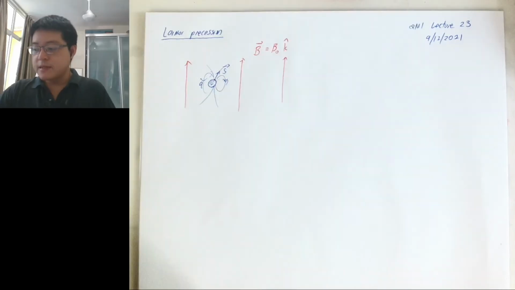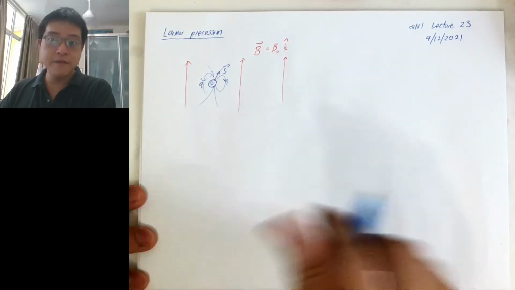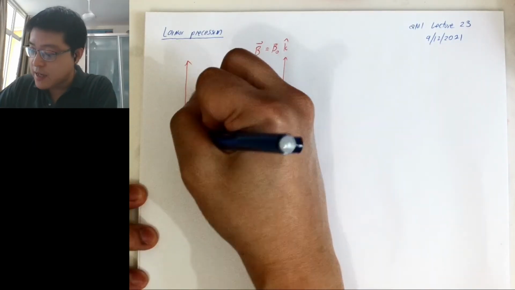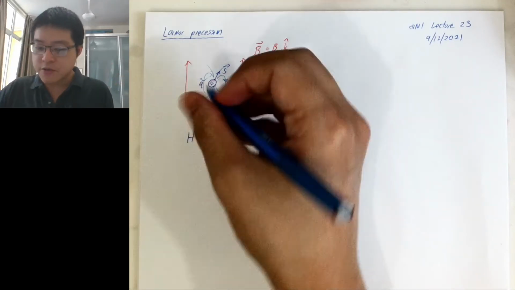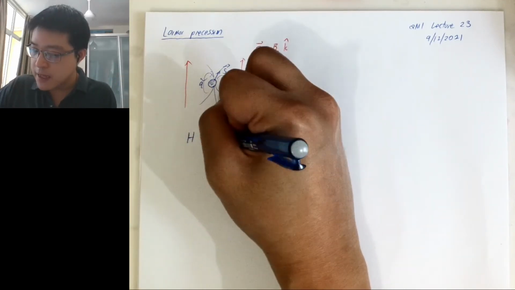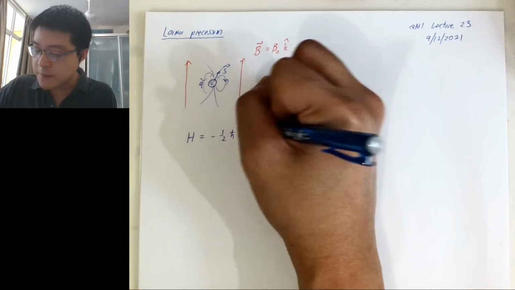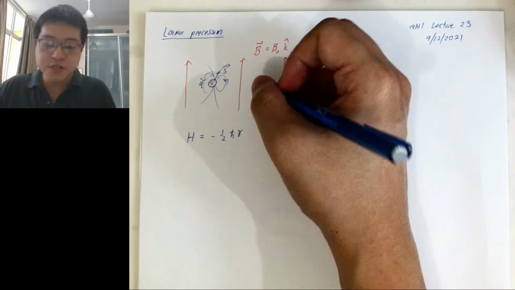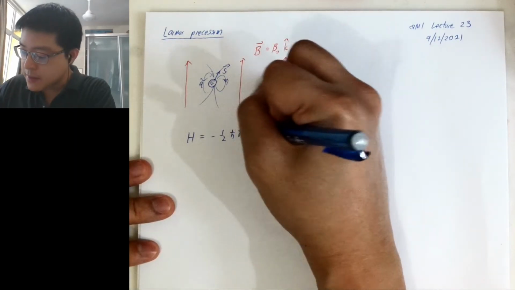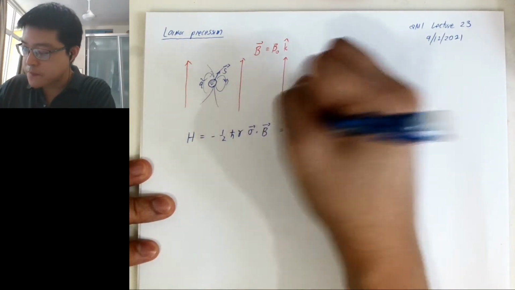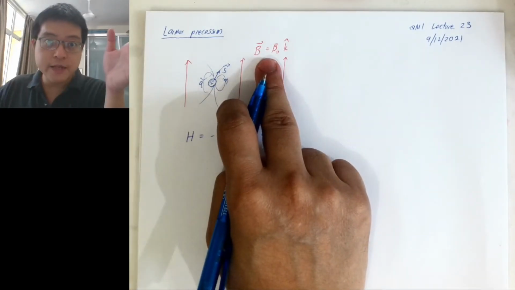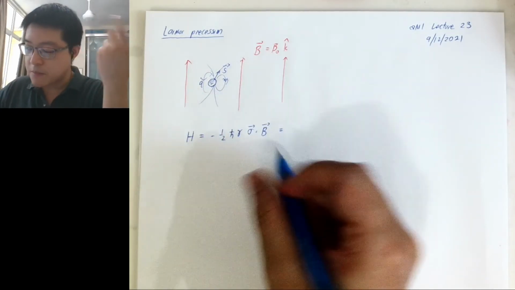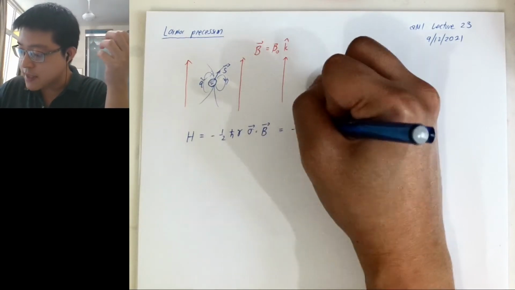Where we left off in the previous class was that we constructed the Hamiltonian, and I gave you the reasoning why it looks like this. The result was half h bar gamma sigma dot B, where gamma is the gyromagnetic ratio. If my magnetic field is purely in the z direction, then sigma dot B only gives the z component.